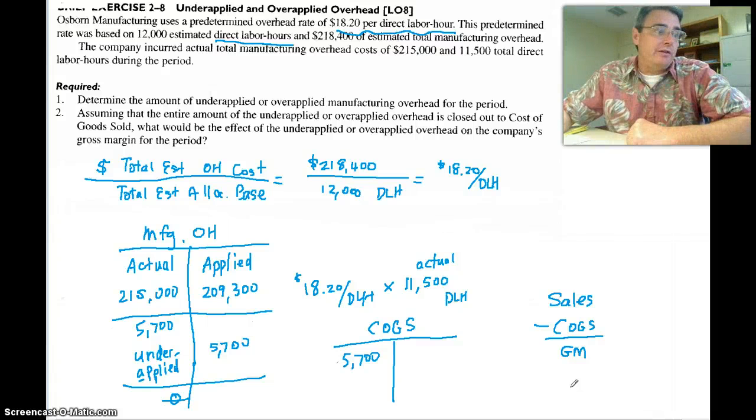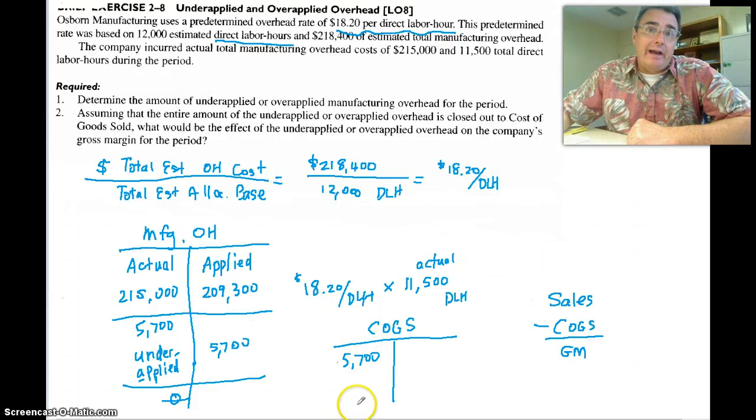First thing you have to figure out is, did this debit to cost of goods sold increase cost of goods sold or decrease cost of goods sold? Do you know how to determine that? What's the normal balance of the cost of goods sold account? It's a debit balance. That's what we expect cost of goods sold to normally have. It's an expense account. Expense accounts have debit balances.